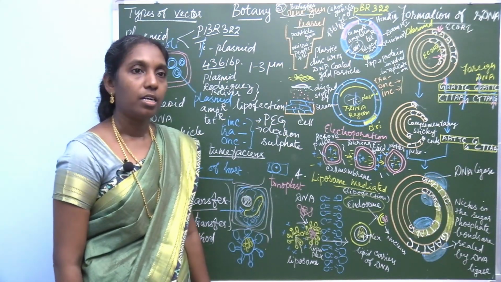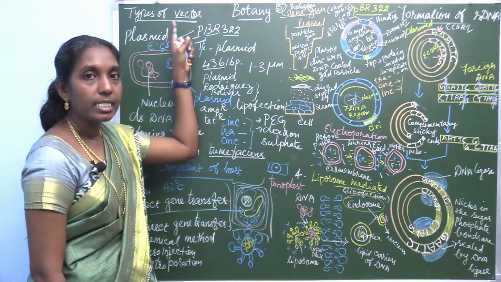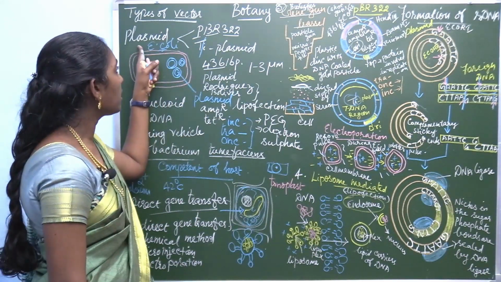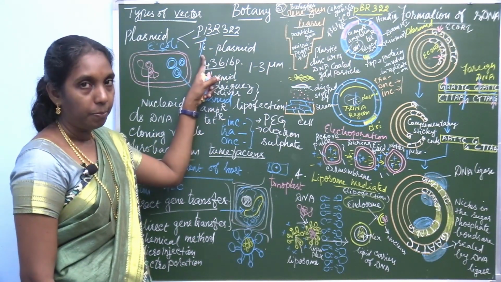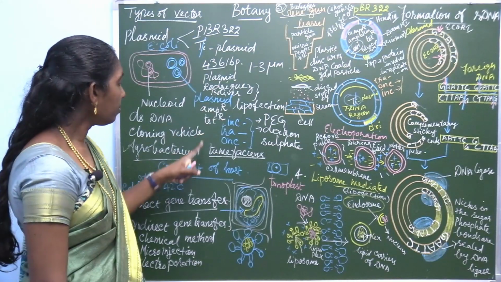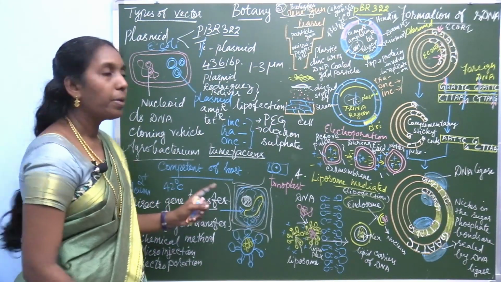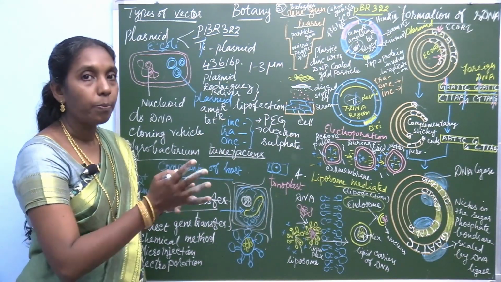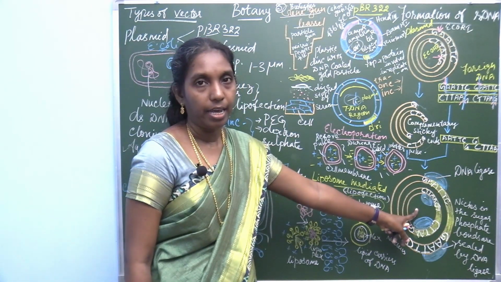Let's recall what you learned today. First, the topic is types of vectors. Under this you write about plasmid pBR322 and Ti plasmid. Then the next question, competence of the host: how the host is competent to accept the recombinant DNA.